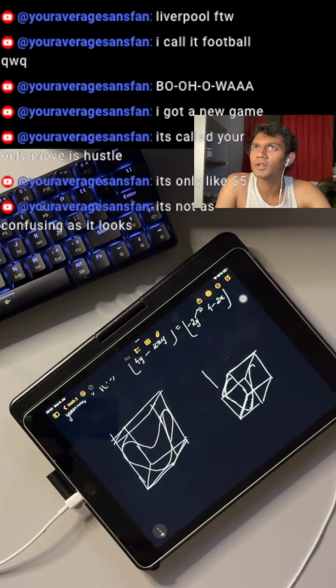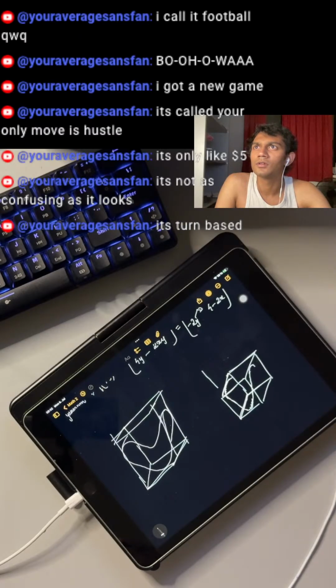It looks really fun. Most intense game of... It's turn-based? What? It did not look like it was turn-based. Was that turn-based?